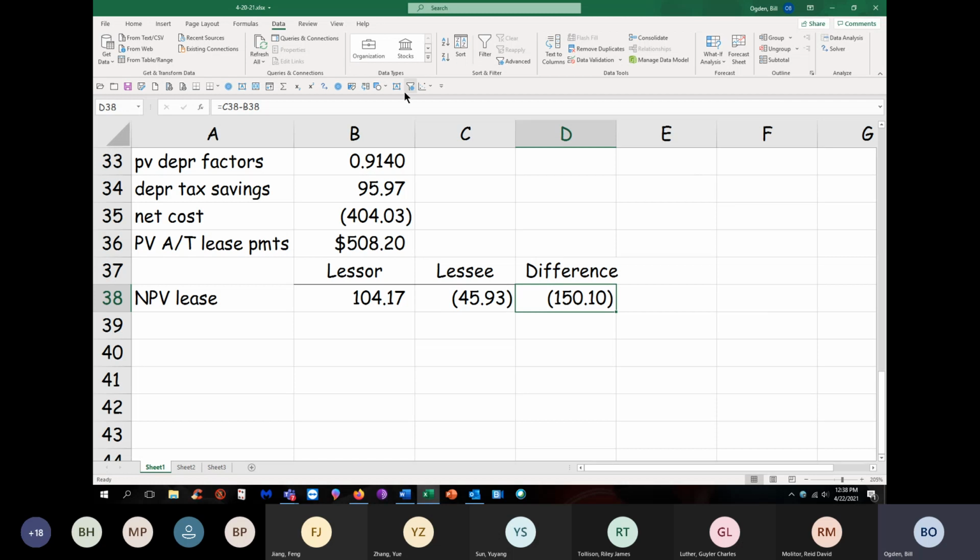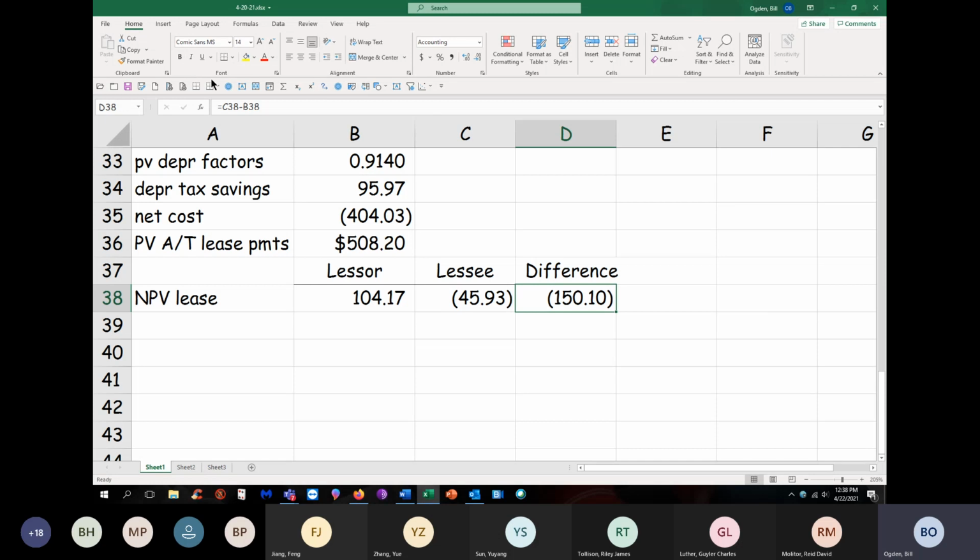Now anytime I want to do Goal Seek, it's right here. I can stay on my home ribbon and just select Goal Seek here. And just to make sure I know which one, because these are kind of generic icons, you can see this one's the same. Well, this is the data table, but these are the same.